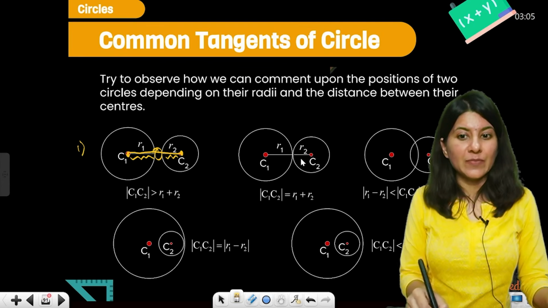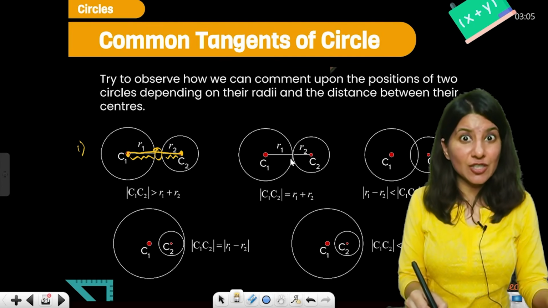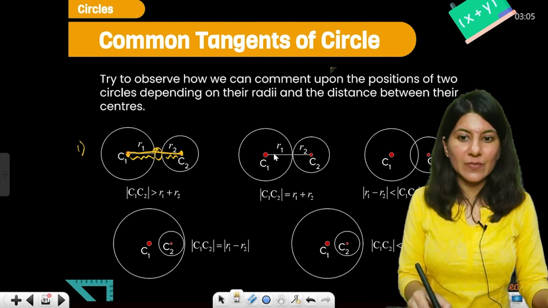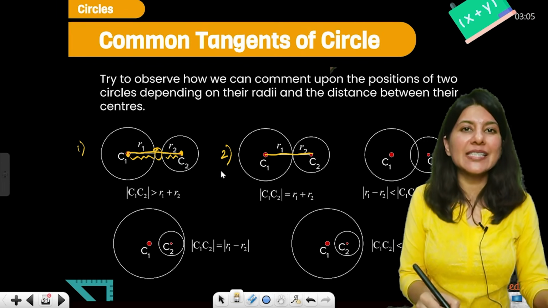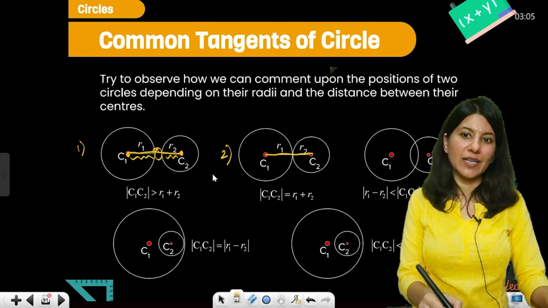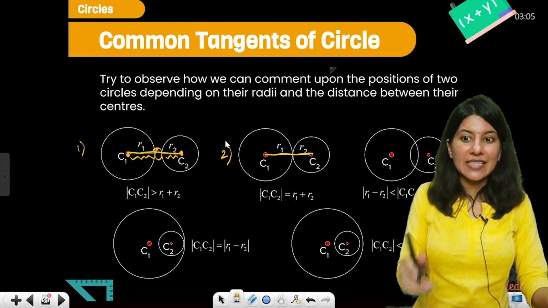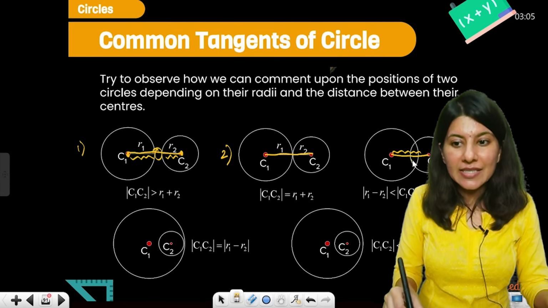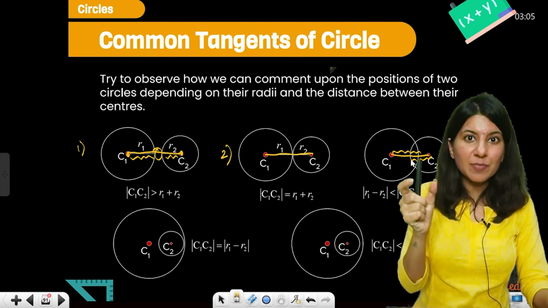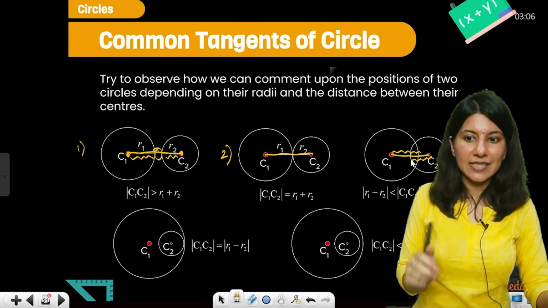Now, this time the circles touch each other externally. In this case, C1 C2 will exactly be equal to R1 plus R2. And in the third case, the distance between centers becomes, because this is R1 and this is R2, R1 plus R2 will be greater than C1 C2.